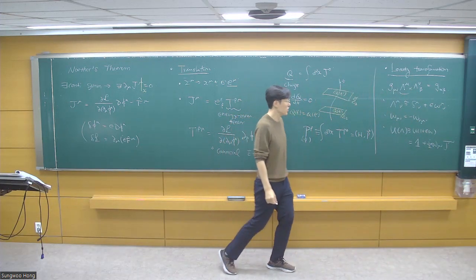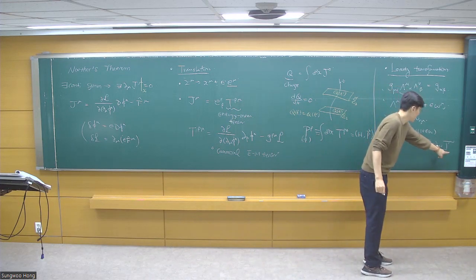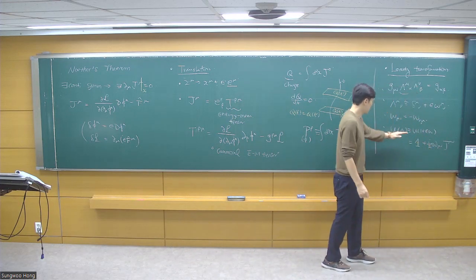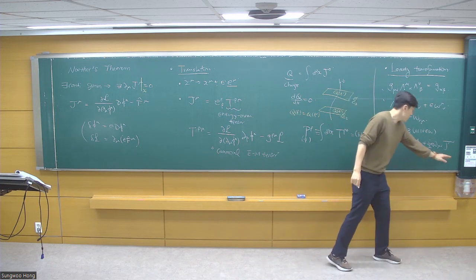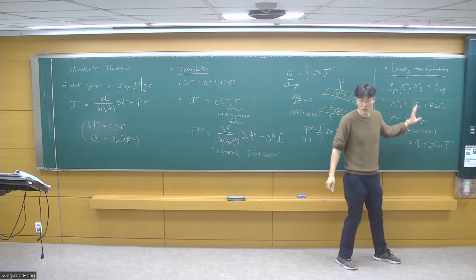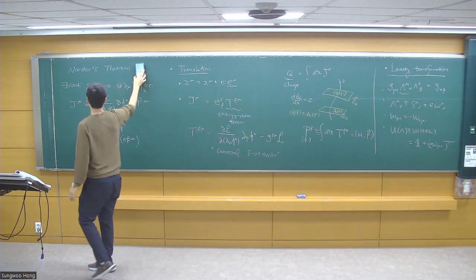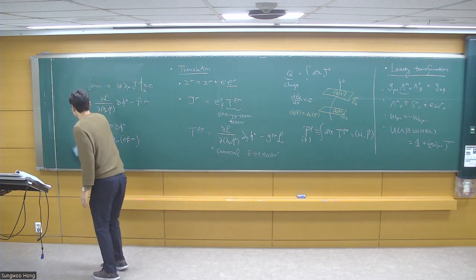Right? So we expand it to linear order. And again, from the property that omega is antisymmetric, this must be antisymmetric. And the fact that this is unitary implies that this should be a Hermitian operator because I put i there, right? We talked about all this. So now let's use this fact to talk about the Noether theorem and associated charges.